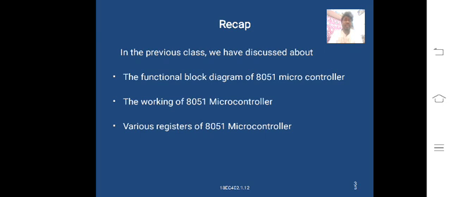The stack pointer holds the address of the top of the stack. And we also have the DPTR, the data pointer. These are related to the special function registers.